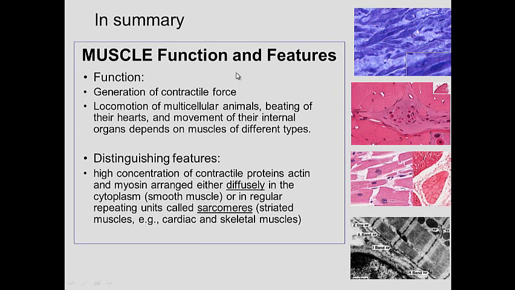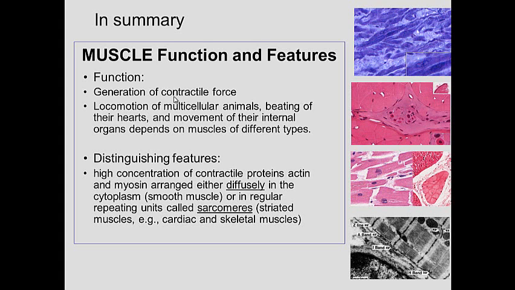So in summary, muscle function is to generate contractile force. It has to generate contractile force to move limbs, to move organs, to move things within organs, which is why we have muscle contraction. And you have a high concentration of actin and myosin. Most all cells contract, but certain cells especially contract, and that is the muscle cells.